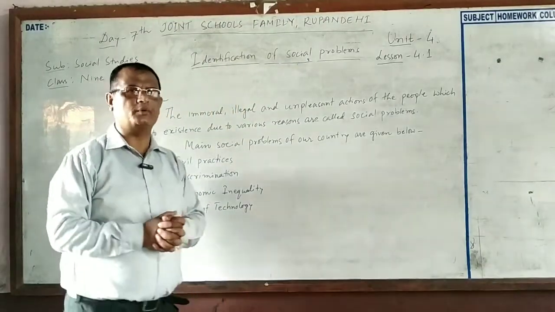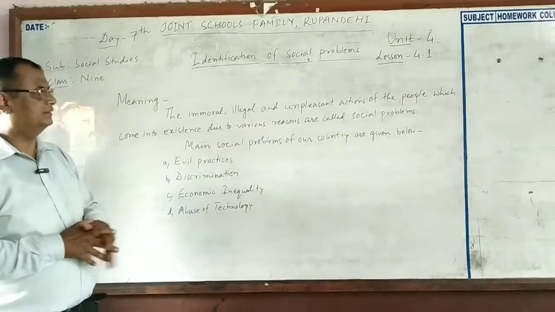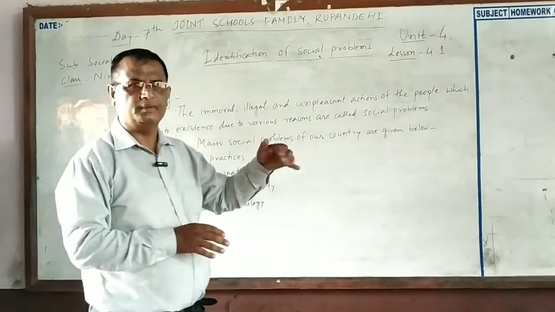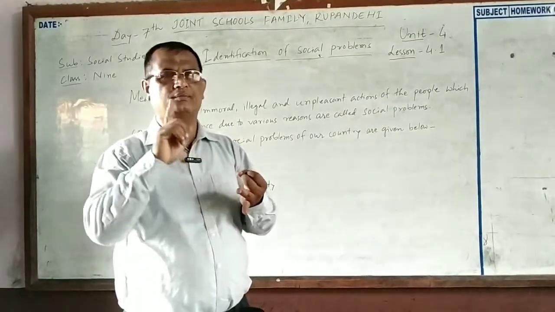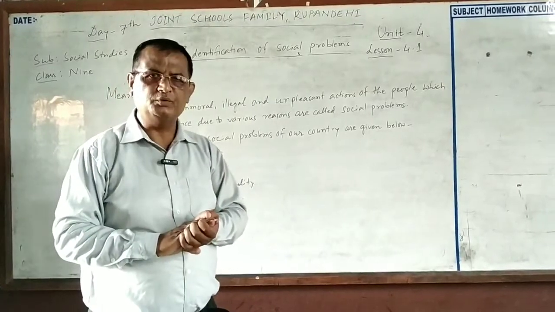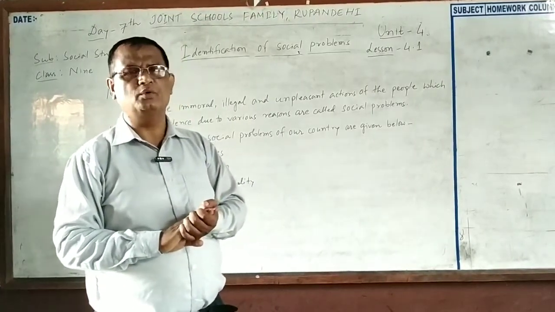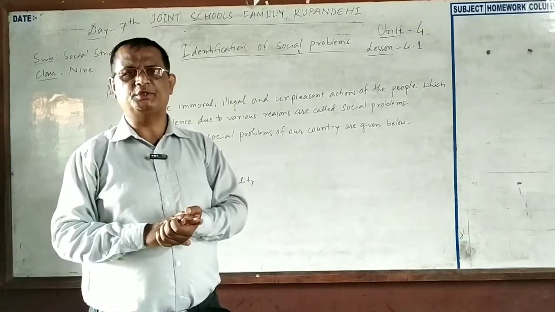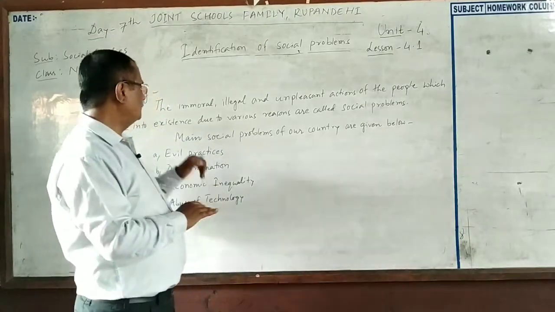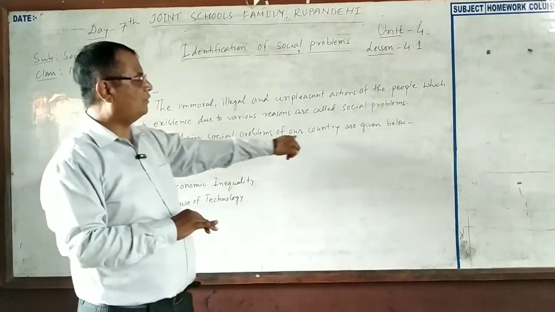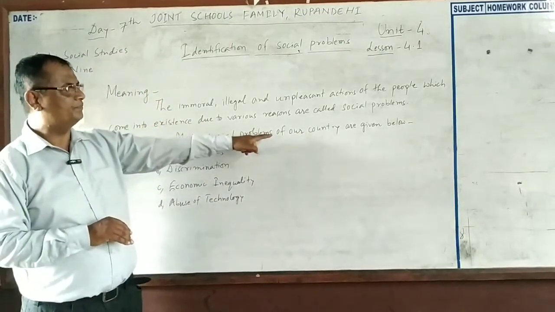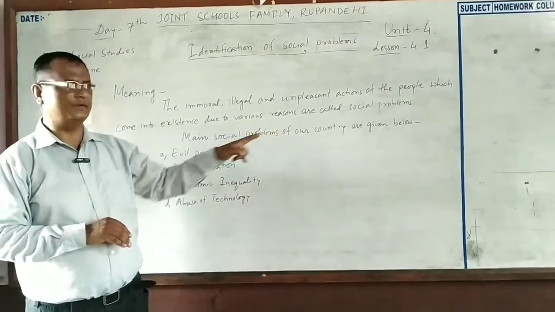Social problems arise due to our lack of education, lack of understanding, lack of cooperation. So these are some of the problems which bring social problems in our society. So first of all, the main social problems of our country are given below.